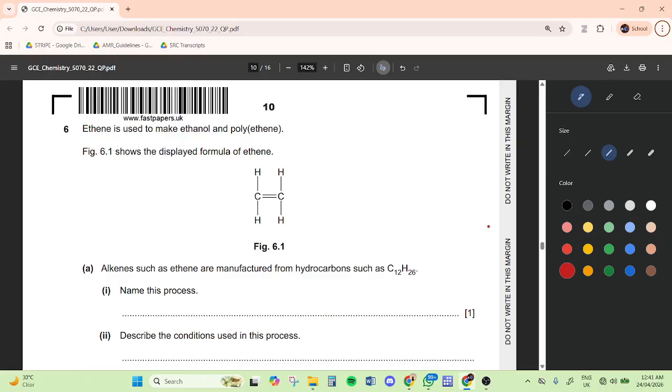Ethene is used to make ethanol and polyethylene. Figure 6.1 shows the displayed formula of ethene. Alkenes such as ethene are manufactured from hydrocarbons such as C12H26. Name this process. Whenever you're breaking down a large hydrocarbon into a smaller one, such as ethene, which is C2H4, this is known as cracking.